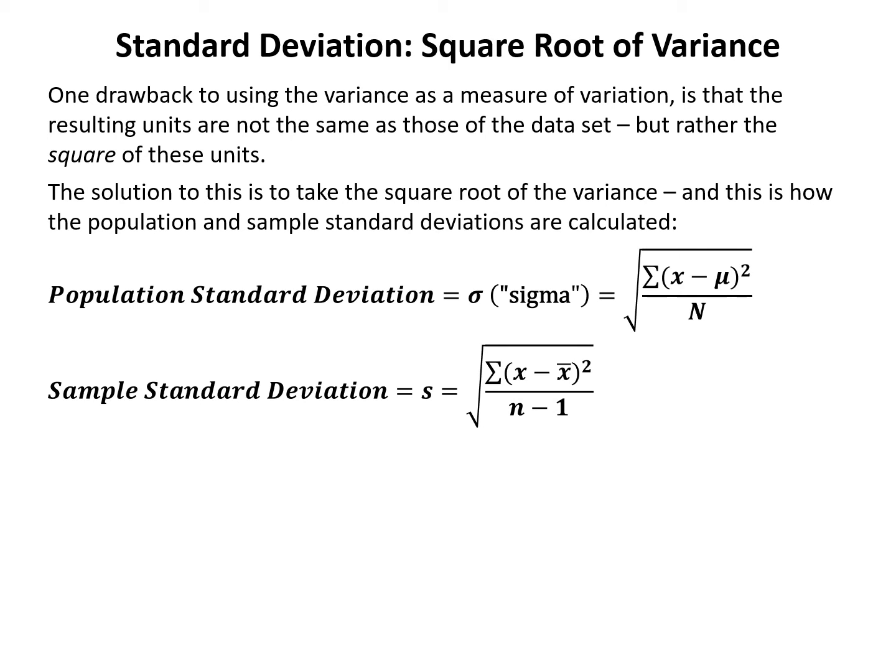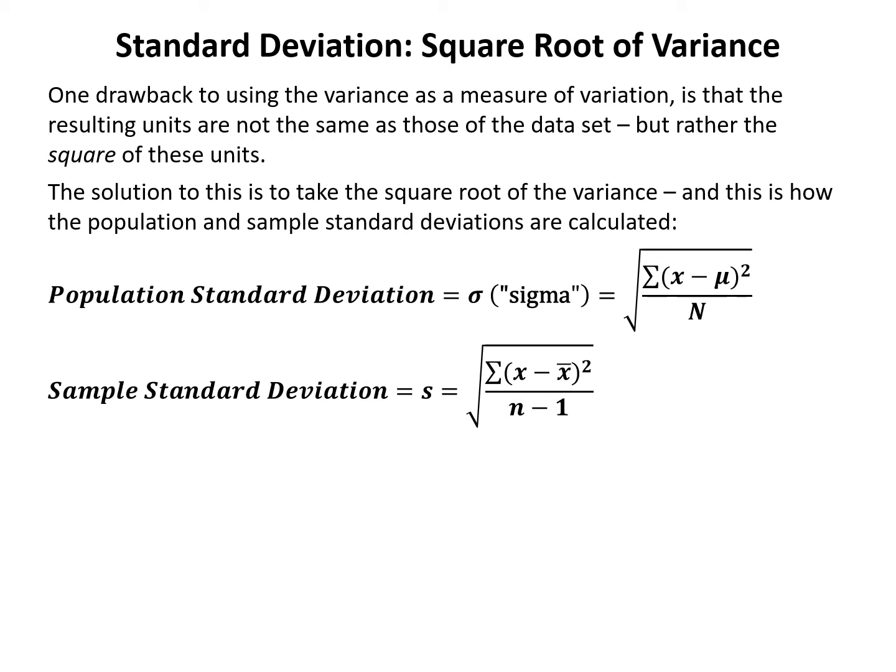So what we saw in the last couple of slides was that we were getting either population or sample variances in units of seeds squared, which really doesn't have any relevance to this particular problem, versus the actual units of interest, which is number of seeds. So the solution to this problem is to take the square root of the variance, and this is how the population and sample standard deviations are calculated.